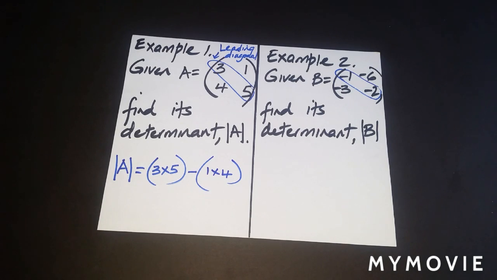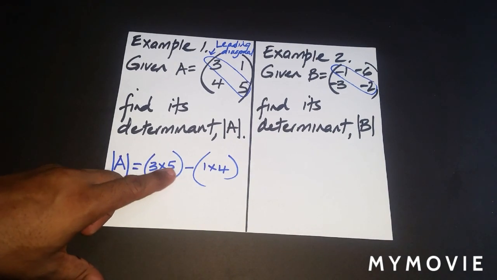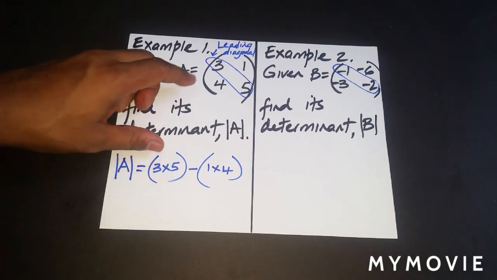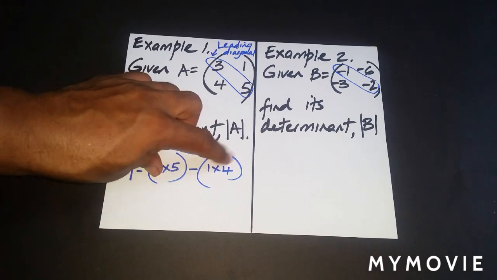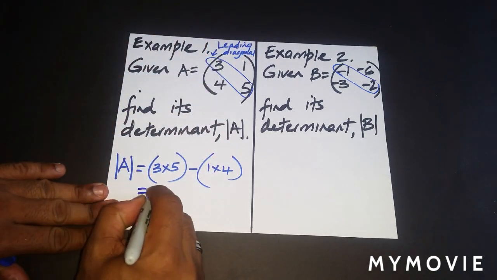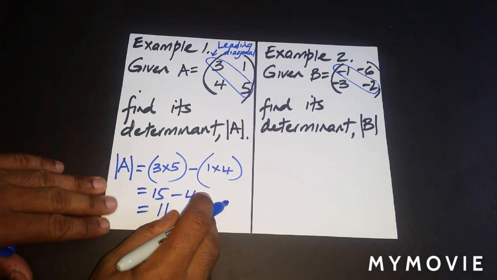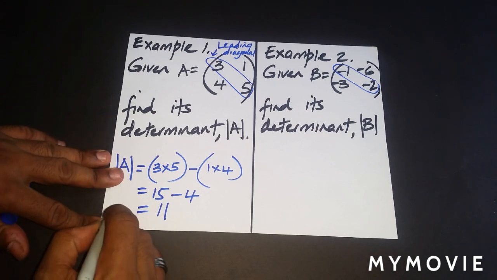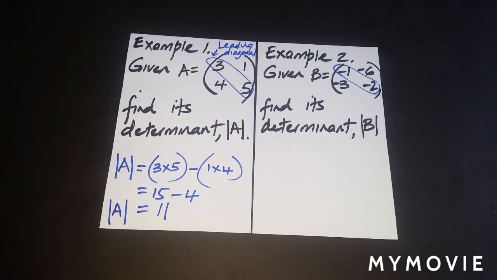Again, the determinant of matrix A would be equal to the product of the elements in the leading diagonal, and we already identified the leading diagonal here, minus the product of the other 2 elements, which would be 1 and 4. So what we have here is 15 minus 4, 11. So that means that the determinant of matrix A is equal to 11.